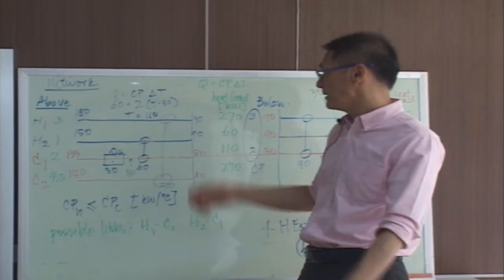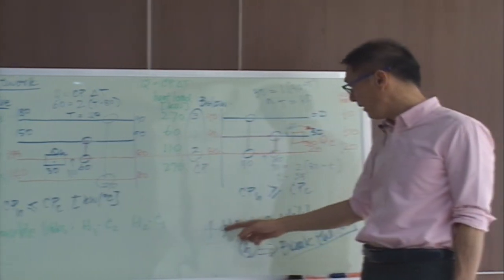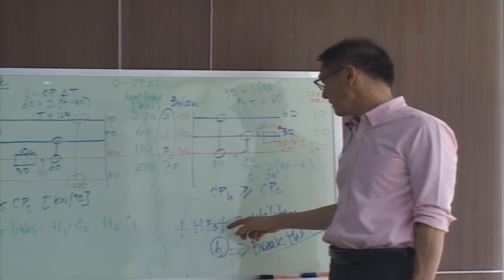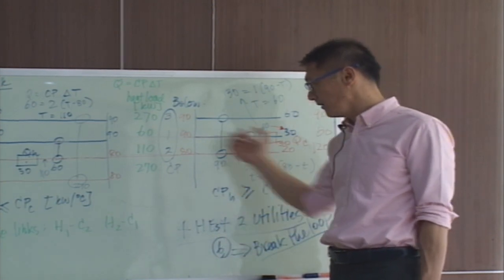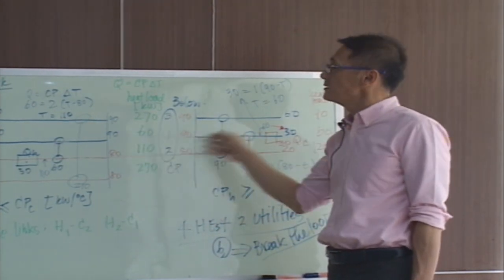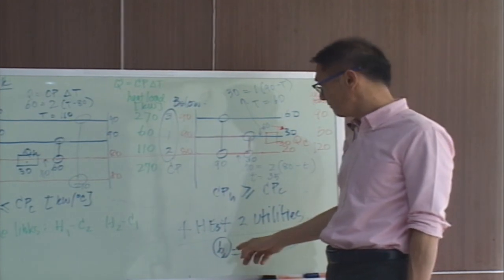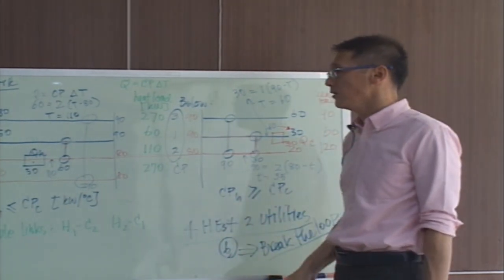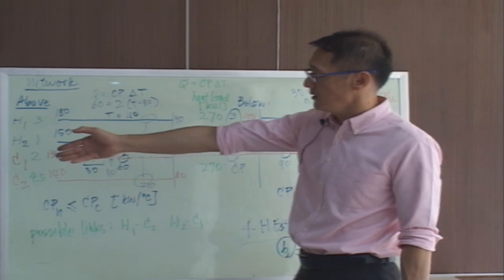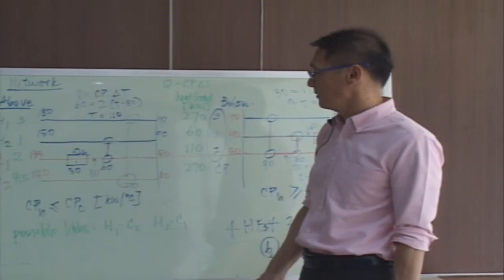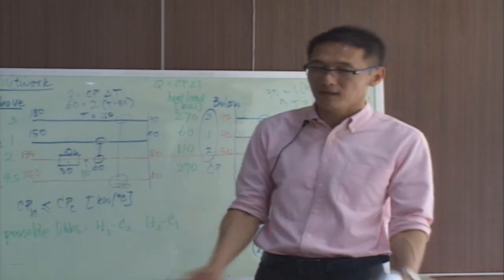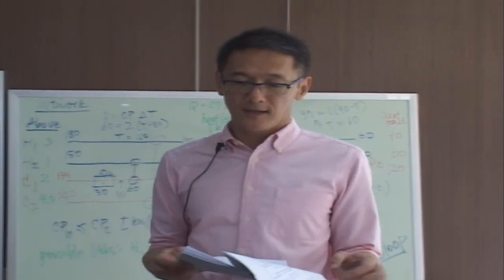And we can make a judgment on whether the number of heat exchangers that we receive from our consideration is too much or too little compared to the minimum equipment that they suggest from the theory. Okay, that's all for this example. Thank you, and see you next example.